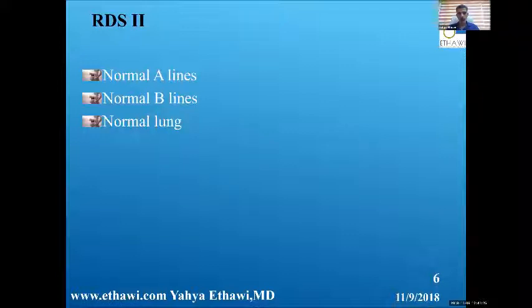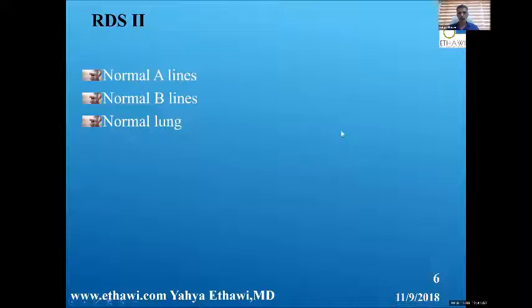Now, when we categorize RDS, as we know, RDS is a kind of collapse of alveoli and sometimes the bronchi due to deficiency of surfactant that leads to loss of surface tension and collapse.